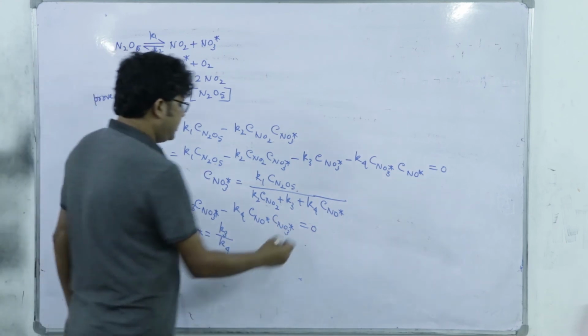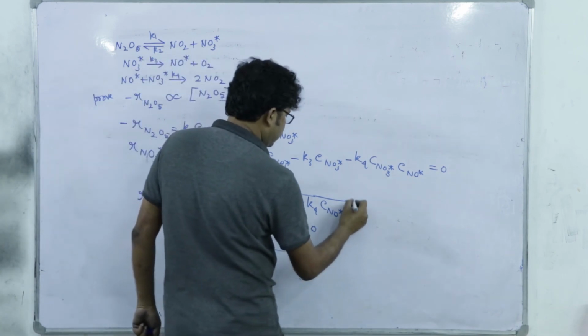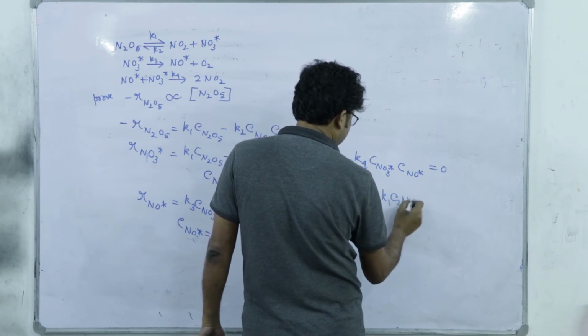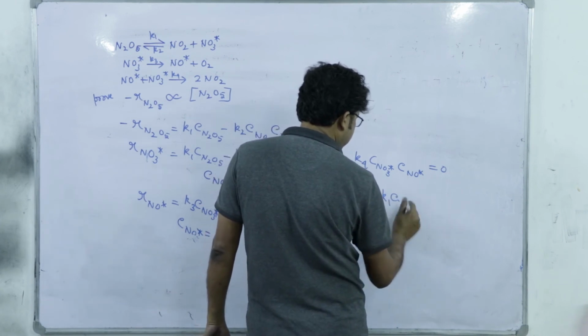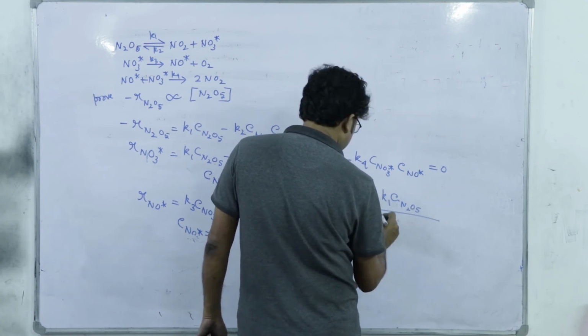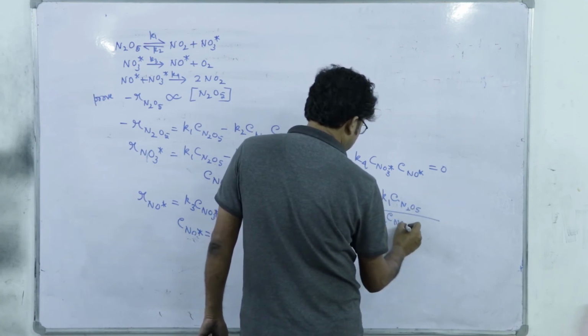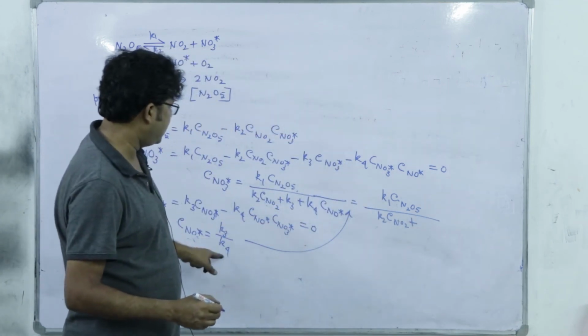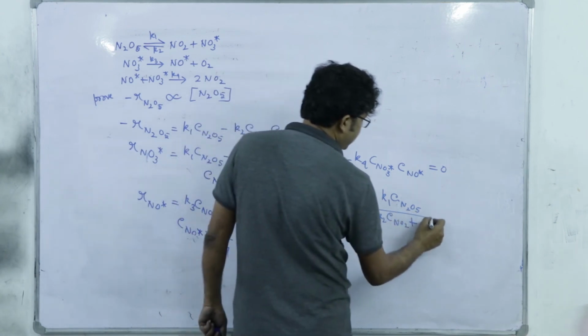So, if I substitute this expression, we will get K1 CN2O5 minus K2 CNO2 plus K3 and K4 into K3 by K4. So, here it becomes 2K3.